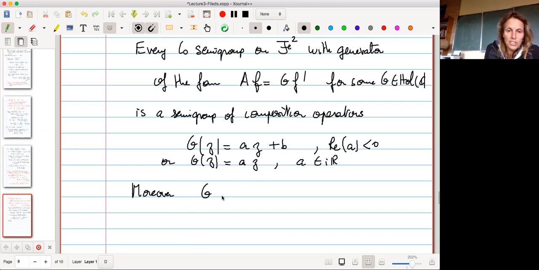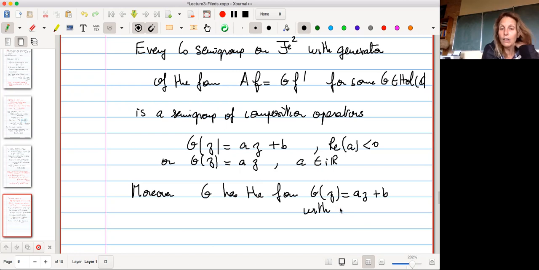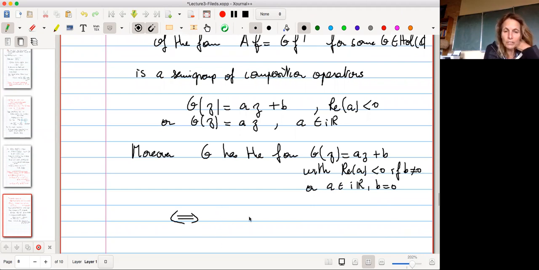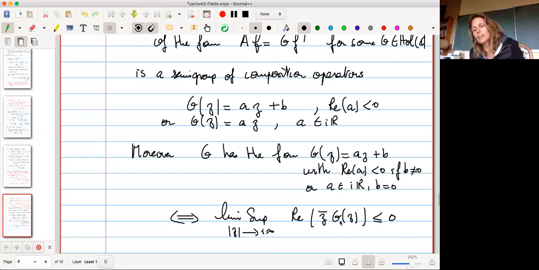It happens that g has the form az plus b with the real part of a negative, or, if b is non-zero, or a in iR and b equal to 0, if and only if, and we recover the result found in joint work with Corentin and Jonathan, the limit when the modulus of z tends to infinity of the real part of z bar g is not positive.